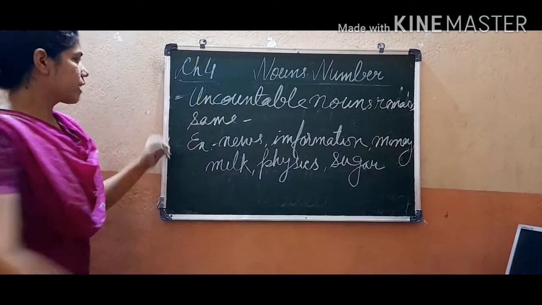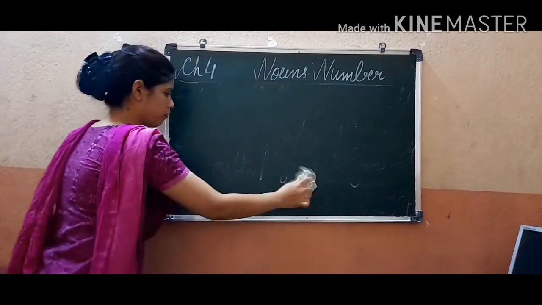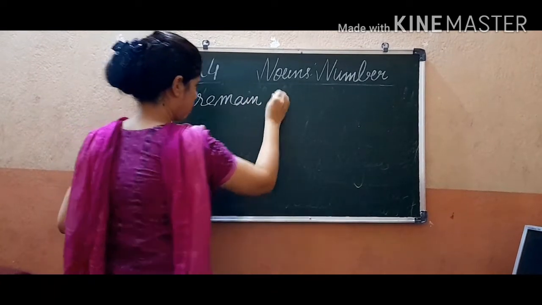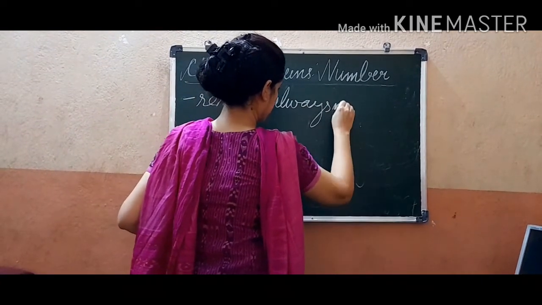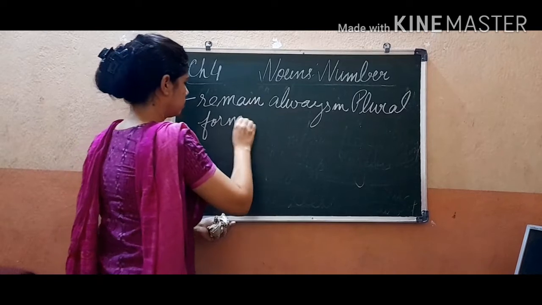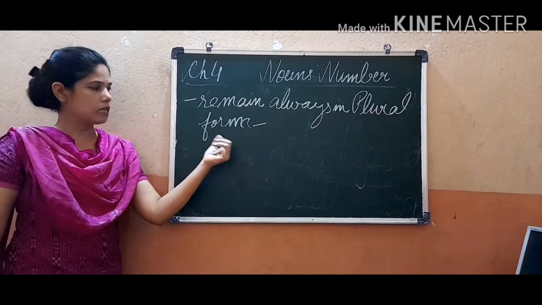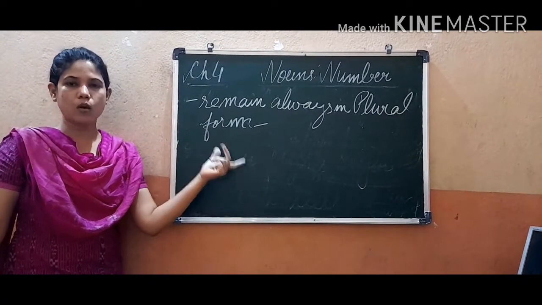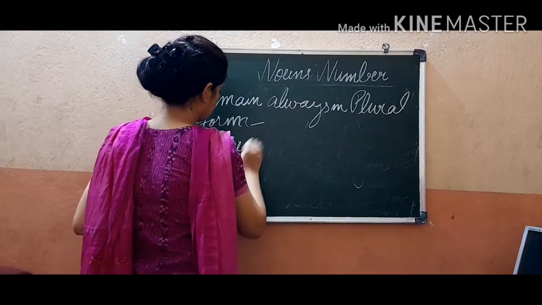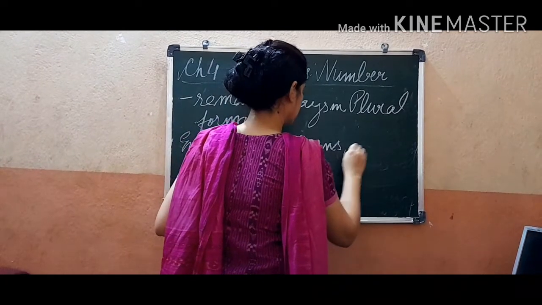Now next, some of the nouns always remain in their plural form, like scissors, tongs, trousers, jeans.